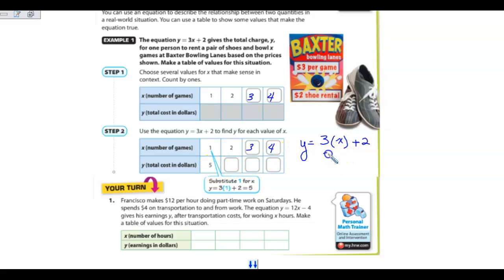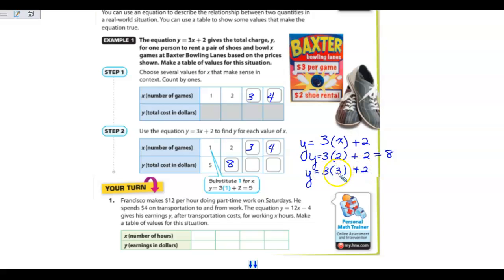For 2 games, 2 times 3 is 6, and 6 plus 2 is 8. So it's going to cost us $8 to play 2 games and rent a pair of shoes. If it is 3 games, we're going to replace the x with 3, and then add 2.